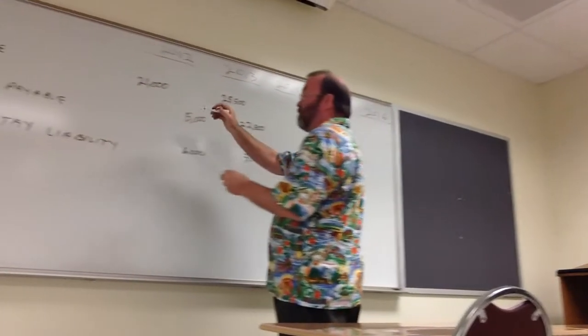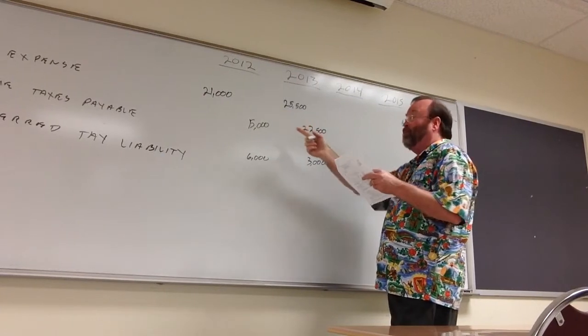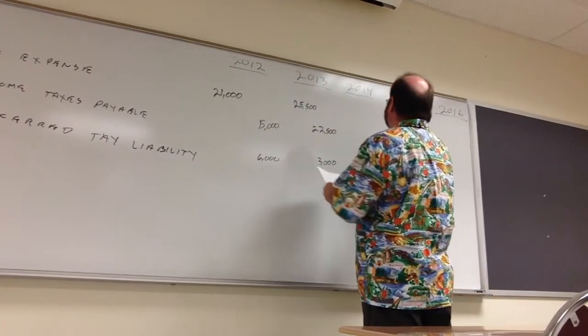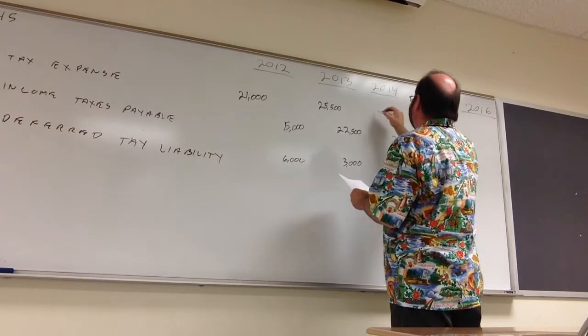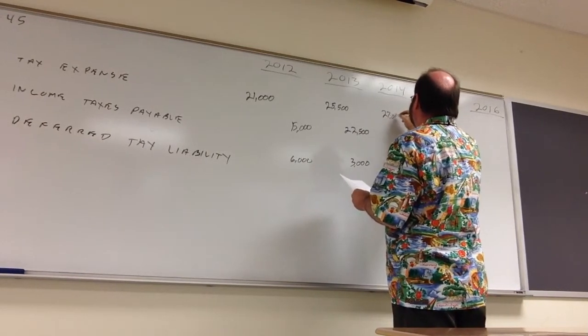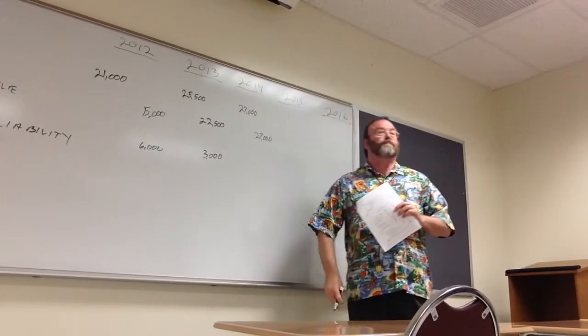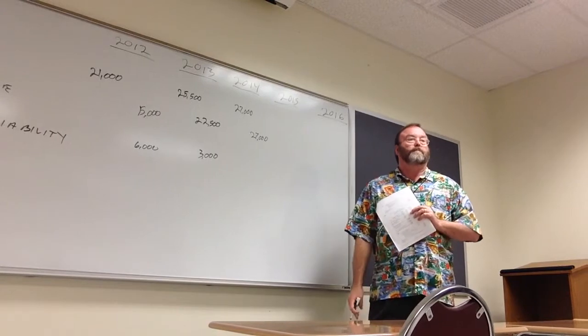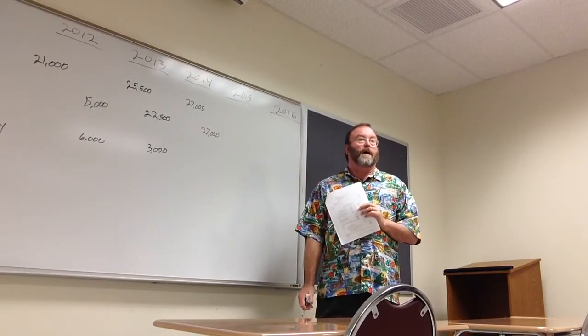So we multiply taxable income times the tax rate to come up with payable, and we get 27,000, which is also the income tax expense. All right?